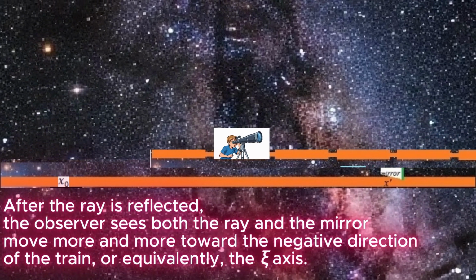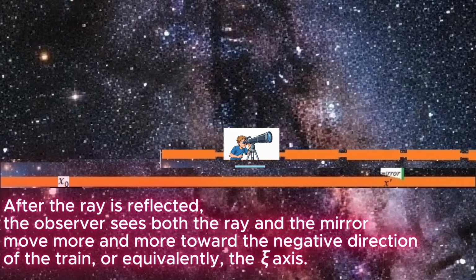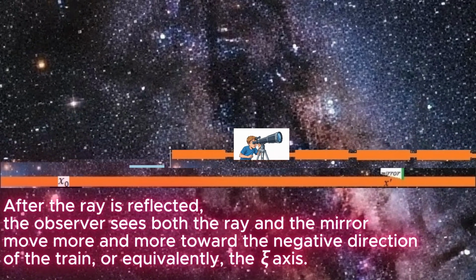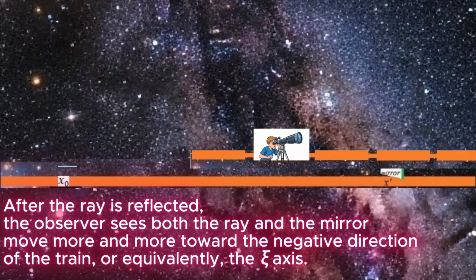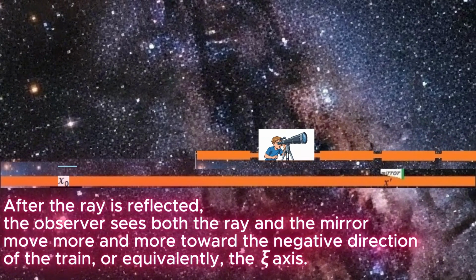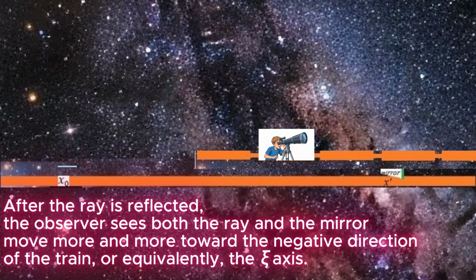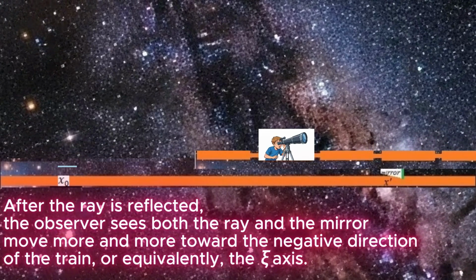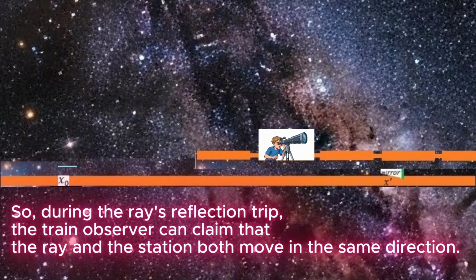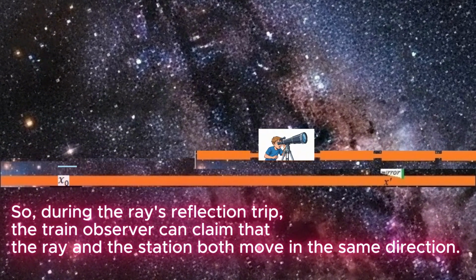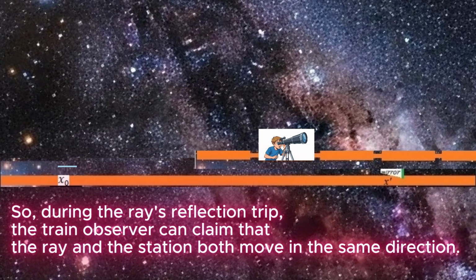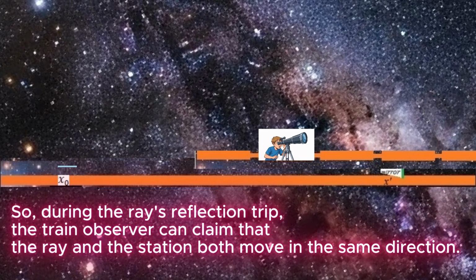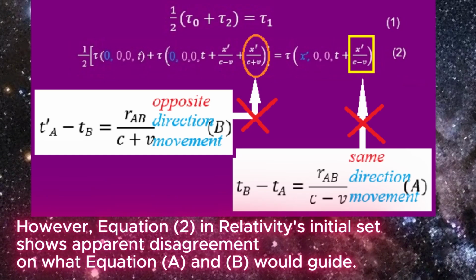After the ray is reflected, the observer sees both the ray and the mirror move more and more toward the negative direction of the train, or equivalently, the quasi-axis. So, during the ray's reflection trip, the train observer can claim that the ray and the station both move in the same direction.